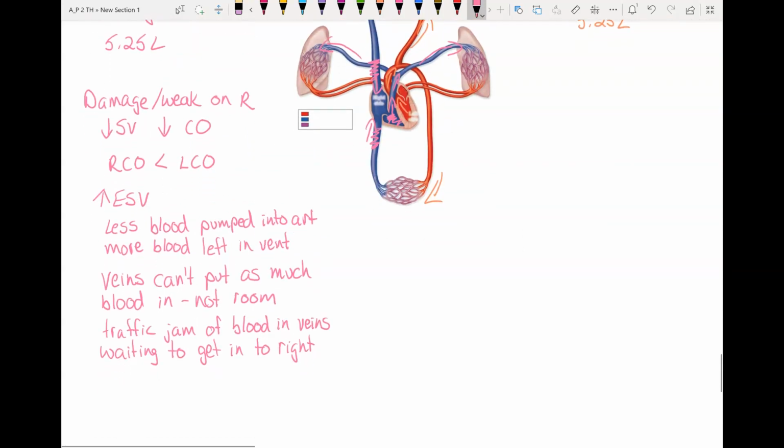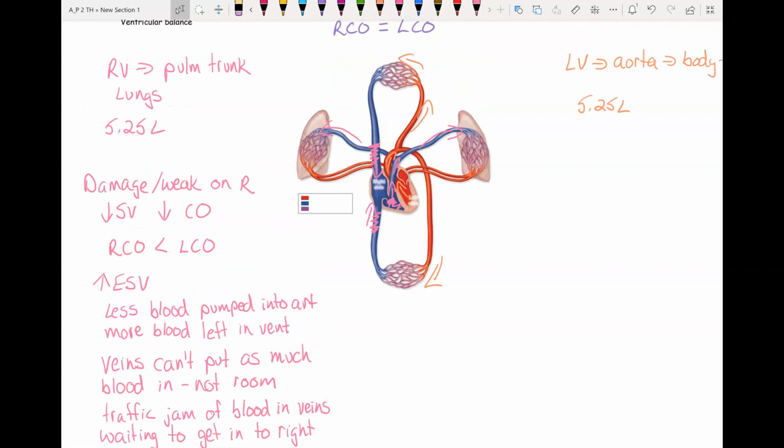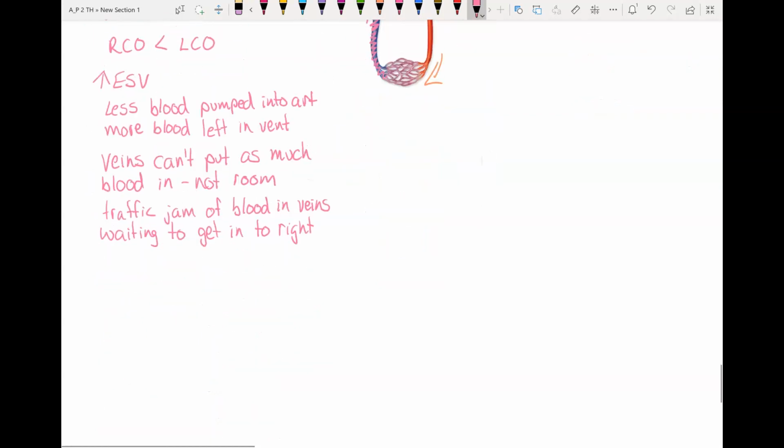This traffic jam backs up, right? Think about when you've been in a traffic jam. The traffic jam keeps backing up, and it backs up all the way to your systemic capillaries.